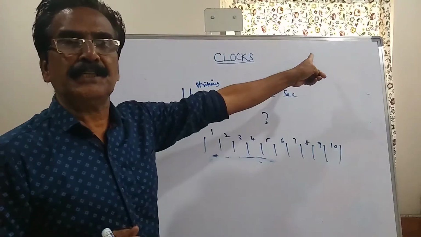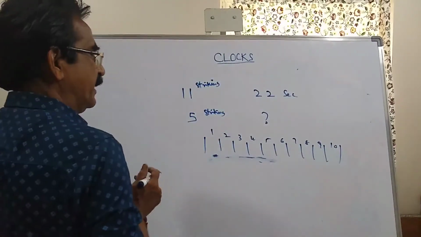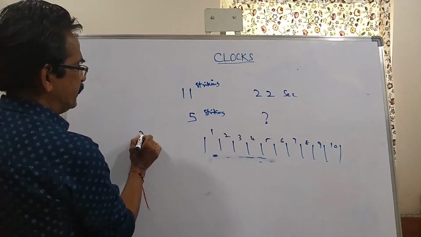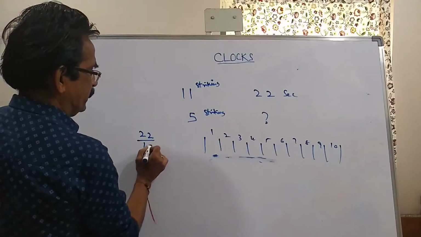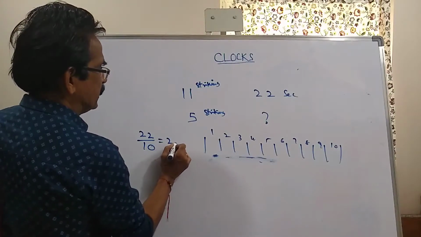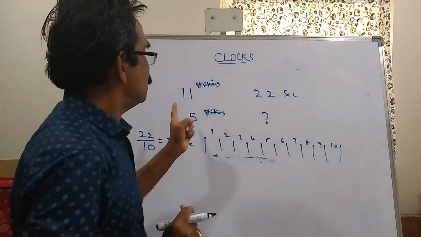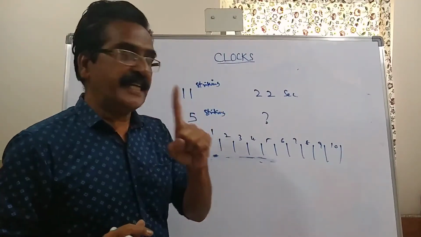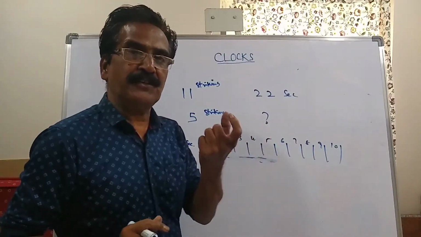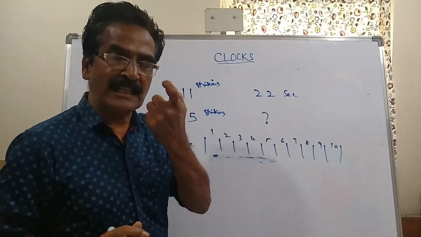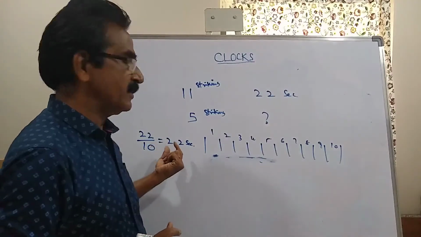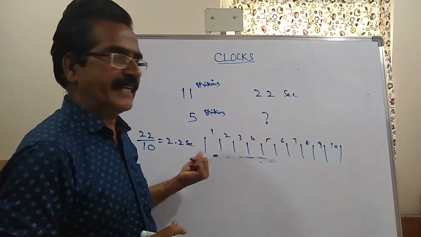10 gaps take 22 seconds, so for one gap, 22 by 10 equals 2.2 seconds. So for one gap, one interval, the clock takes 2.2 seconds.